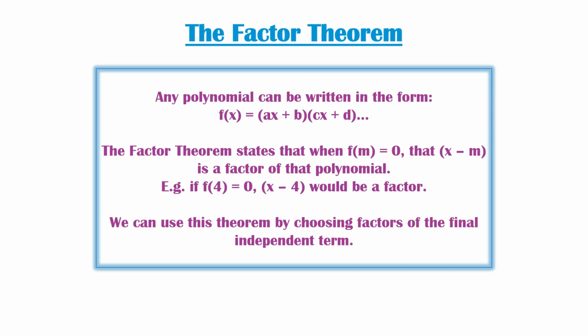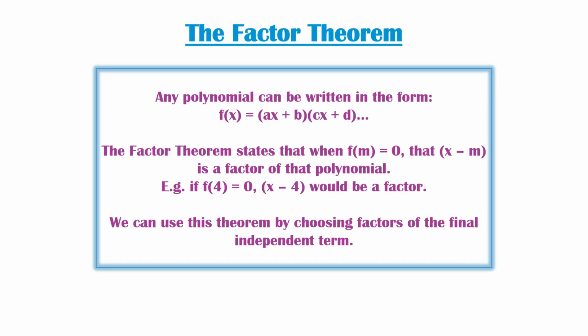So, this explains factor theorem. Now you see any polynomial can be written in the form of ax plus b times by cx plus d, etc., depending on whether it's x squared, x cubed, x to the 4, etc. However, what the factor theorem states is that if you substitute in a value m and it equals 0, then x minus that m value is a factor of the polynomial.